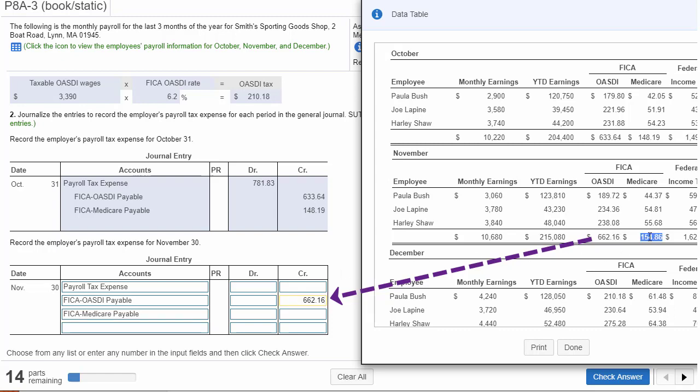Now remember, this is the amount that the employer is going to have to pay because the employer has to match OASDI and Medicare. Then we're going to add up these two numbers, and that gives us our payroll tax expense. The reason we're debiting this is that the expense is increasing, and as you know, expenses increase with a debit. So this turns out to be 817.02.